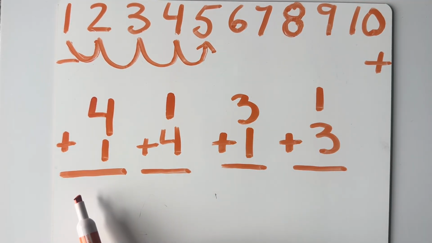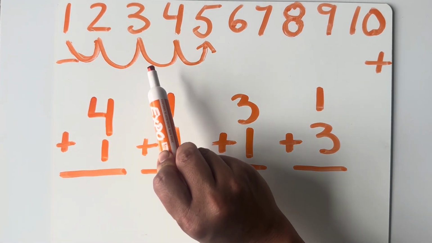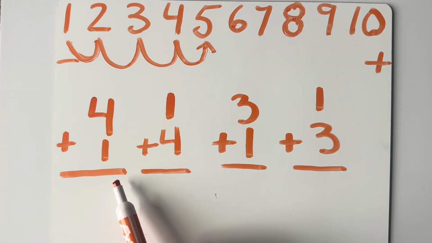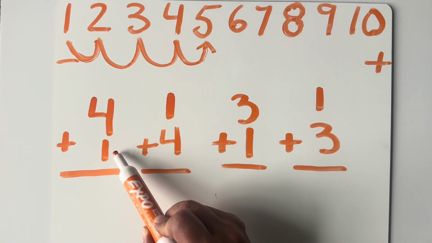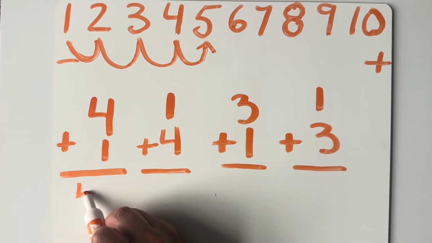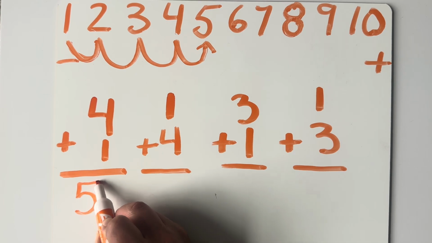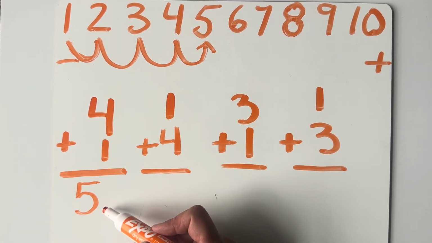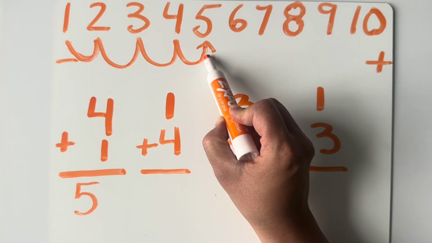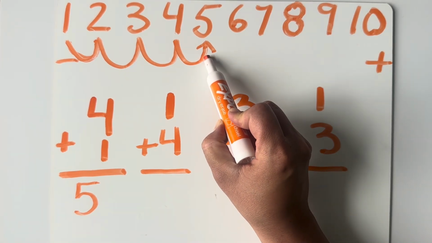If we move to the add facts, now that we've done it on the number line, let's try it here. 4 plus 1 is, what is it, Brendan? 5. Brendan, can you explain to us why 4 plus 1 is 5? 1 plus a number is the next number.